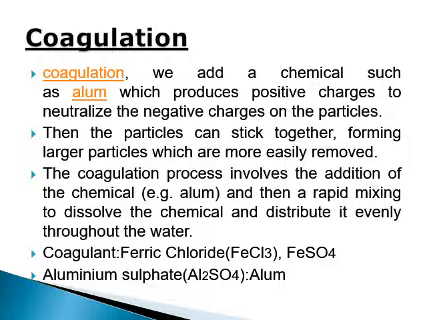The coagulation process involves addition of chemicals, followed by rapid mixing of the dissolved chemicals, and then distributing them throughout the water. Examples of coagulants are ferric chloride, FeCl3, FeSO4, ammonium sulfate, and Al2(SO4)3, also called alum.